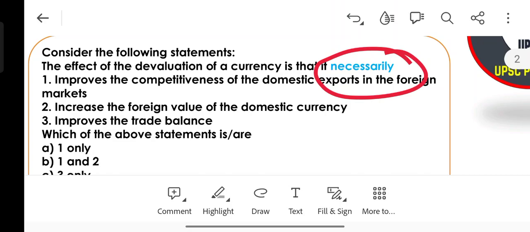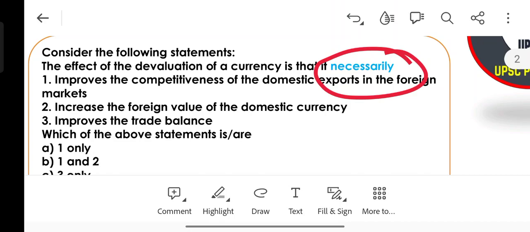So when we talk about devaluation, it means that the value of currency is getting decreased, or devalued. For example, let's say the exchange rate of $1 in terms of rupee is equal to 70 rupees, and whenever there is a devaluation of the Indian rupee, the value of the Indian rupee will decrease, and reversely, the value of the dollar with respect to the Indian rupee will increase.